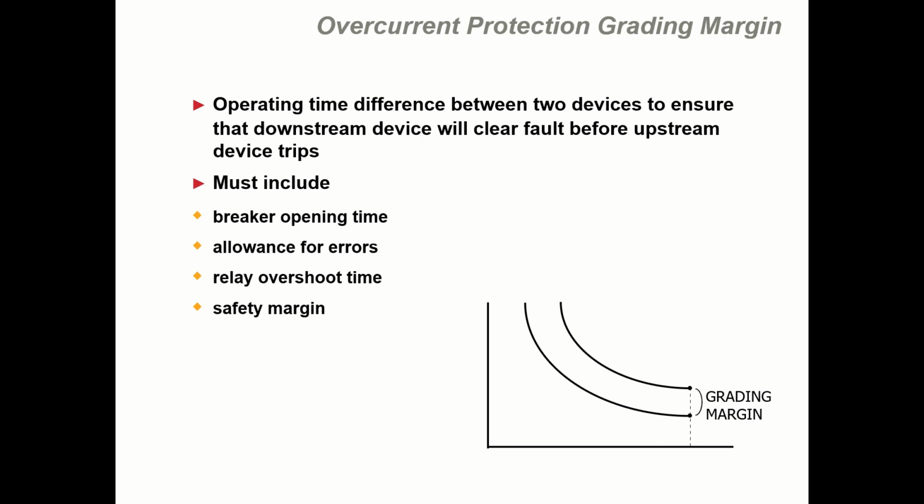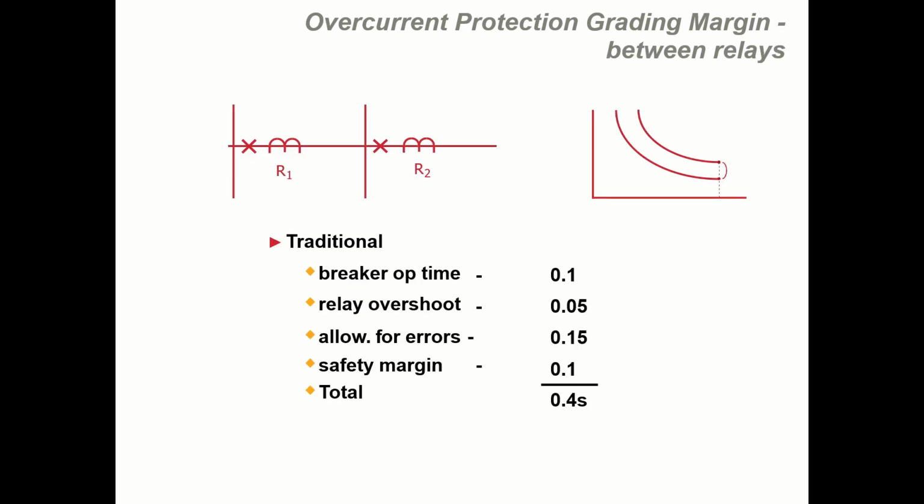That means if this is a power system and the fault is here, then this relay closer to it should operate. This is called the downstream relay for this upstream relay. This coordination time interval or grading margin basically consists of breaker opening time, allowance for error, relay overshoot, and safety margin. This we have already discussed.